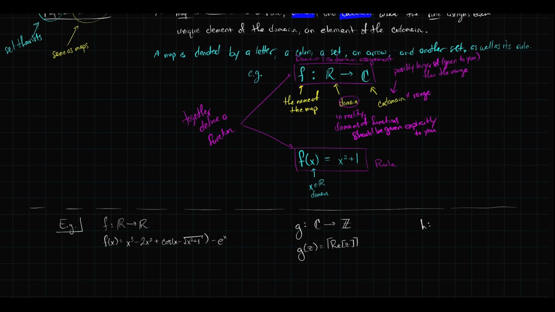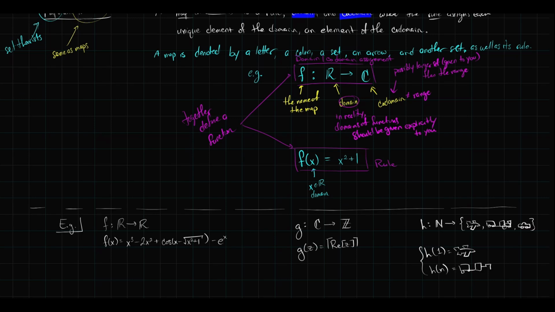You could go h maybe from the natural numbers into the set of planes, trains, and automobiles, given by h of 1 equals planes and h of anything else equals trains.